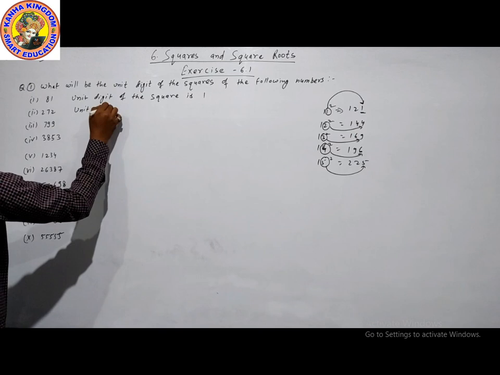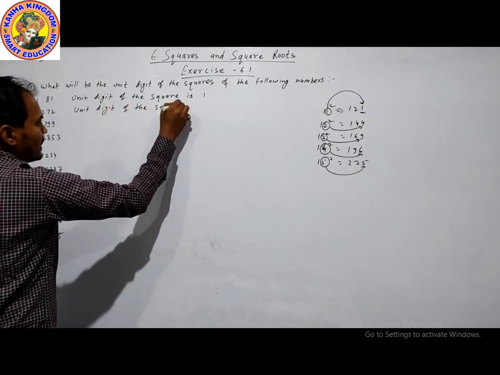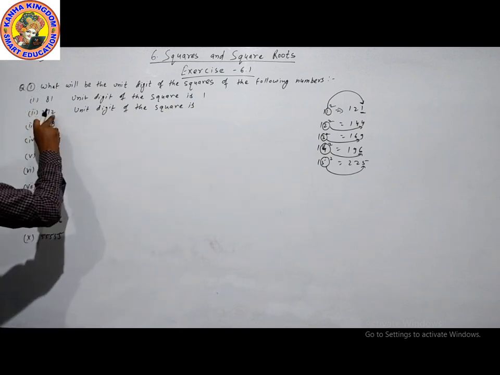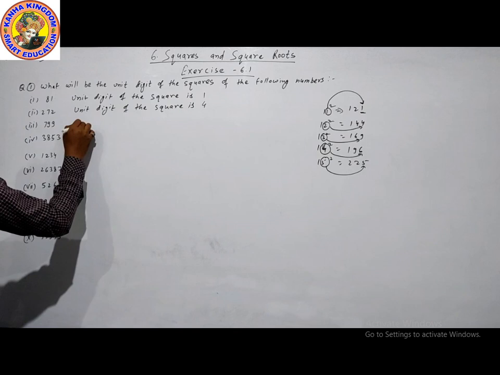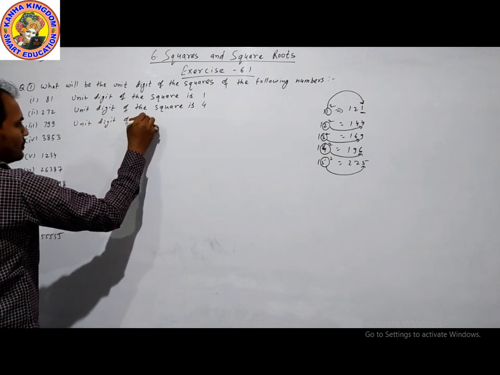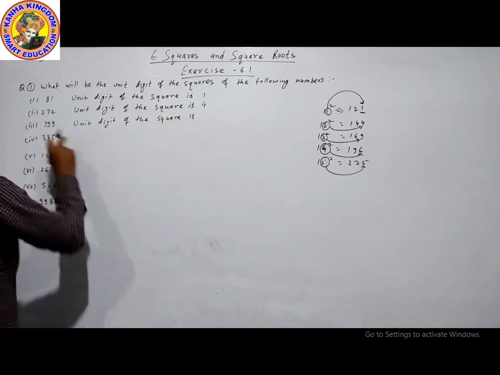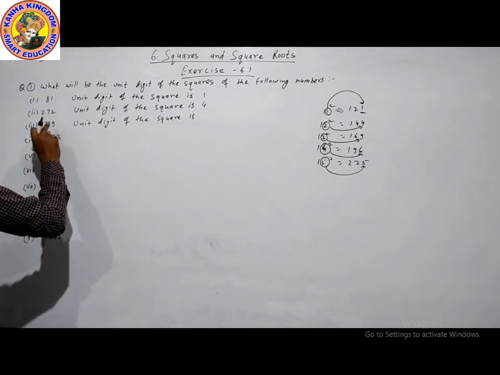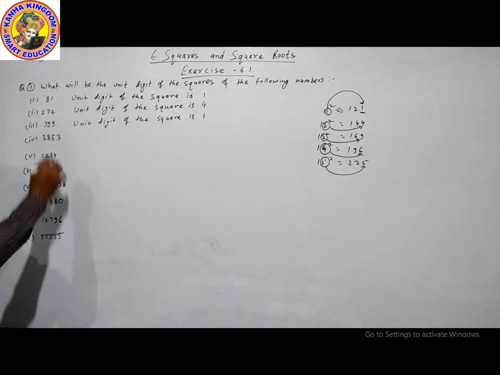Unit digit of the square is, here it is 2. 2 square is 4. Unit digit of the square is, 9 square is 81. So 1.